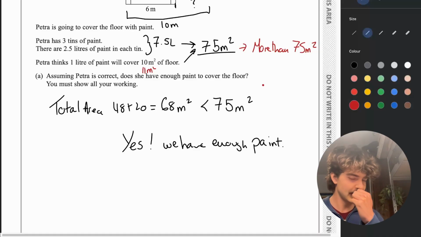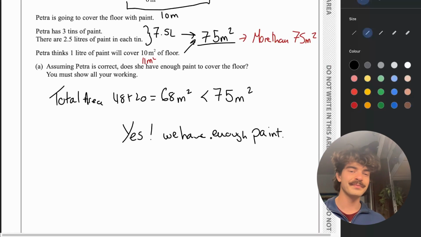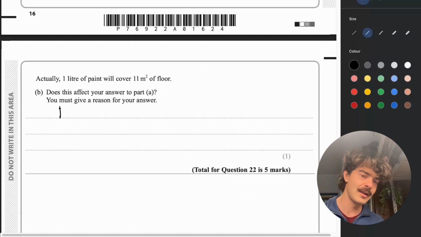Right? But 75 meters squared was already enough. So if we've got more than 75 meters squared, does it affect our answer? No. Right? It doesn't affect our answer. No. We already had enough.